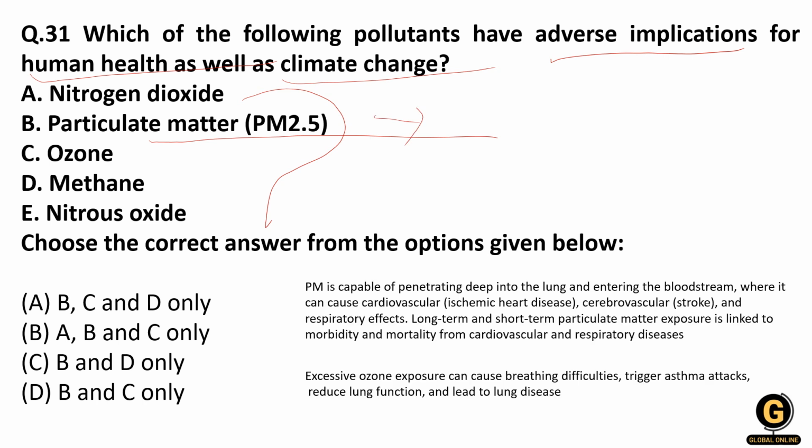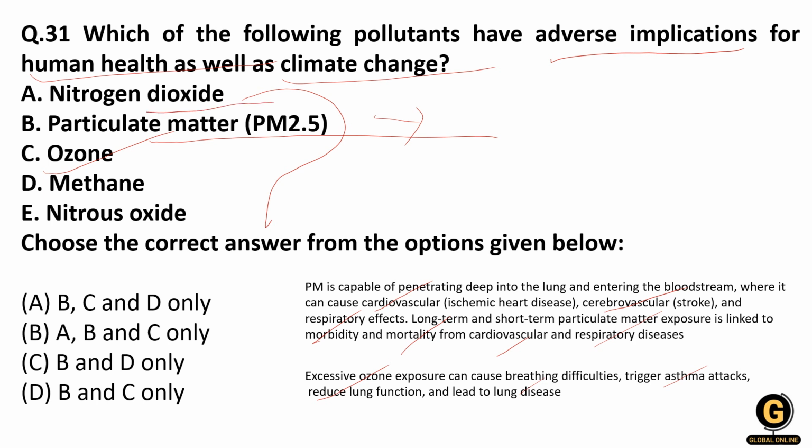It causes several cerebrovascular and cardiovascular diseases, and it leads to morbidity and mortality from cardiovascular and respiratory disease. And prolonged or high exposure to ozone will trigger asthma attacks, reduce lung function, and lead to lung diseases.